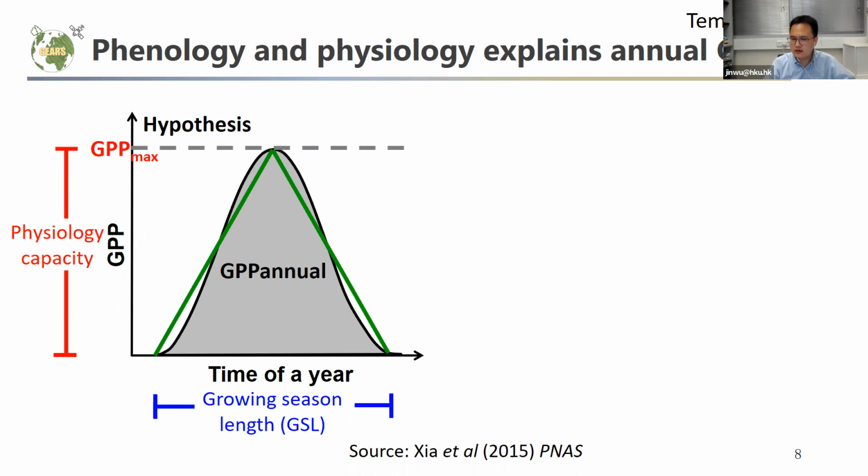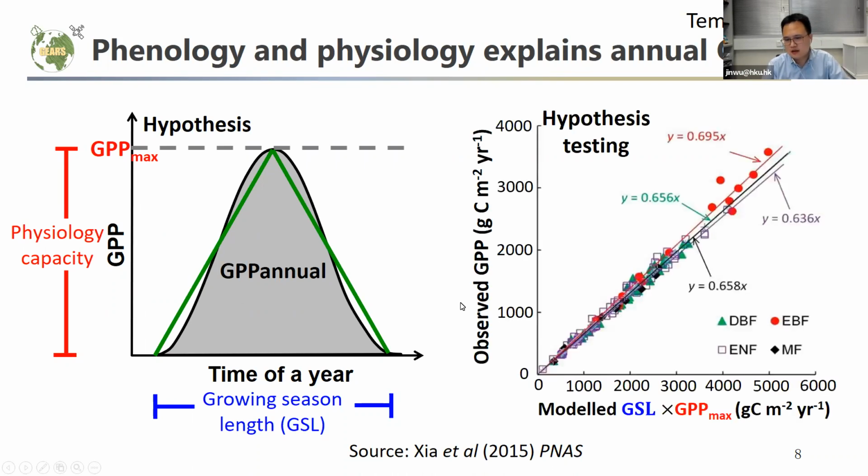To test this simple concept, Zhen Yang assembled the eddy covariance tower data across the entire AmeriFlux network, and they found that even just using these two simple parameters, it can model the annual GPP quite well, whether across different forest sites or at the same site across different years. So that's quite intriguing. It suggests that the phenology quantity and the physiological traits are both so important in determining the annual cycle of photosynthesis.